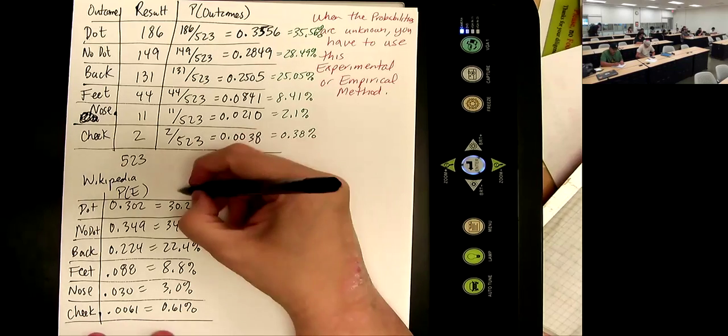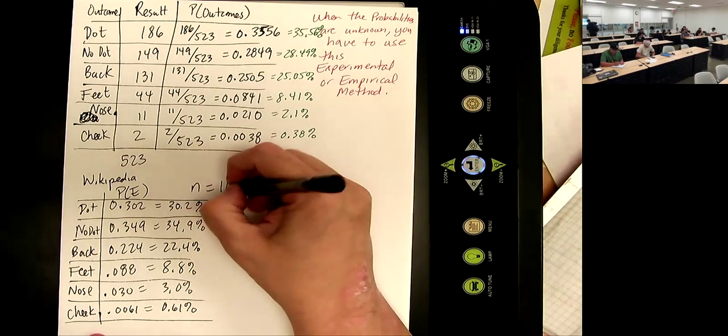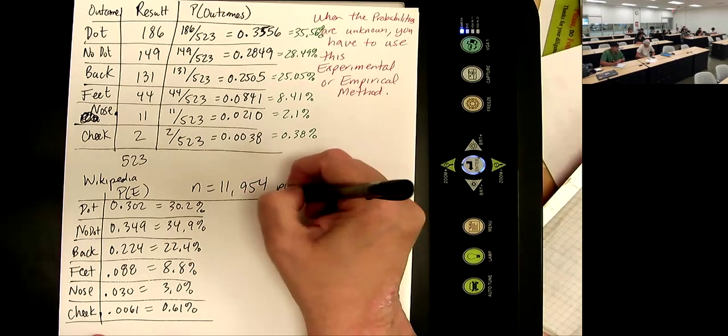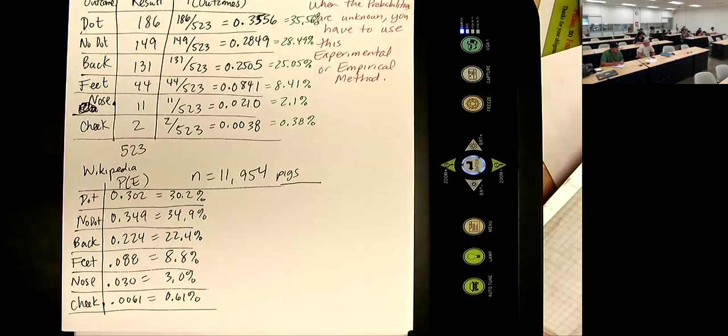Now, they did this over 11,954 pigs, so we can actually figure out how many they rolled at each.